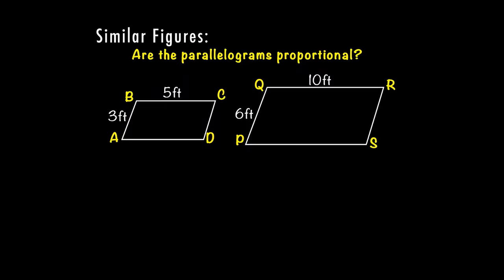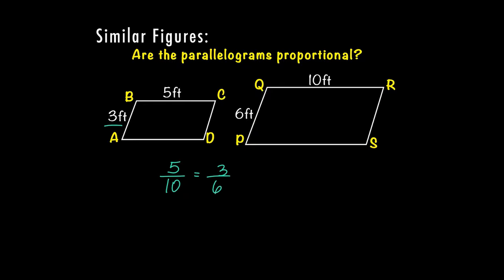Now we want to find out if these parallelograms are proportional. It looks like they're in the same orientation. I'm going to go ahead and set it up using the side lengths that correspond. So I can see that 5 corresponds to 10, and then that means 3 corresponds to 6.